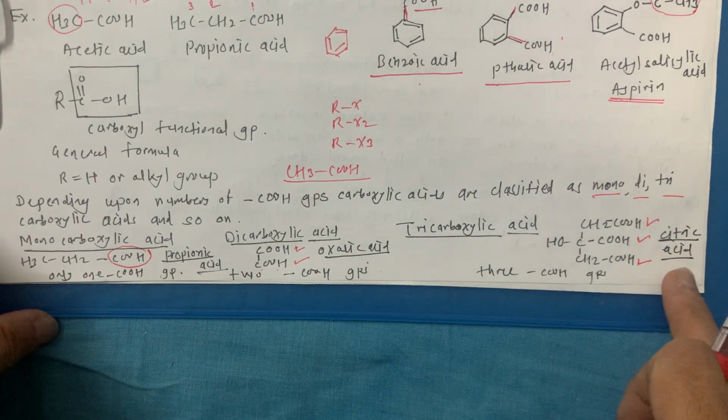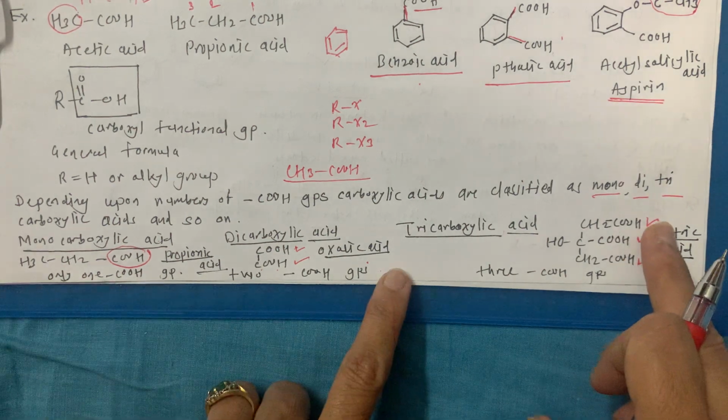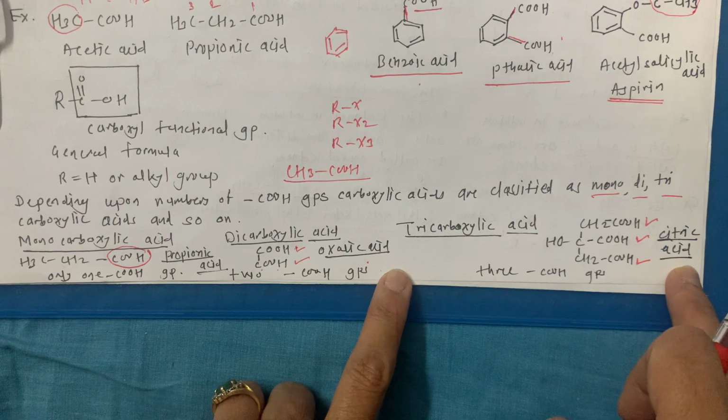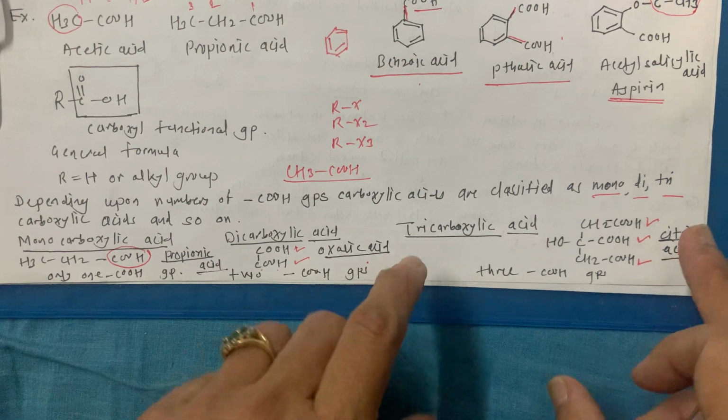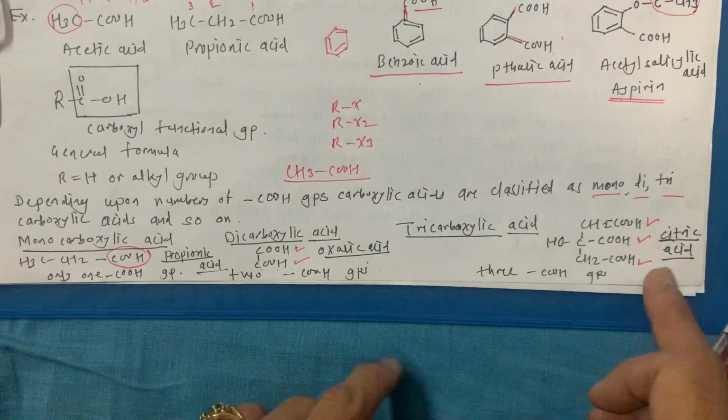The lemon contains citric acid; oranges and sweet limes contain citric acid. This is citric acid, COH, COH. Even synthetically we have citric acid, and in Marathi it is called limbu fool. Okay, that is the general information.